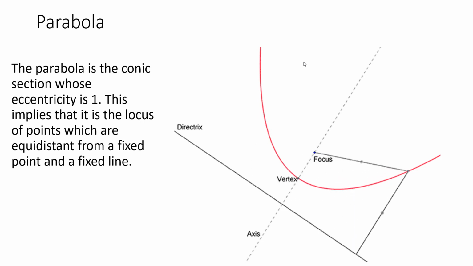As we can see here, if the distance from the focus to any point on the curve is equal to the distance from that point to the directrix, then it is a parabola. Therefore, this line is equal to that line.